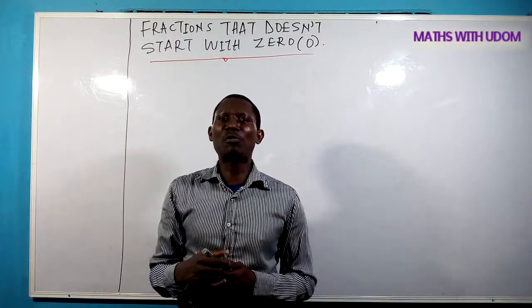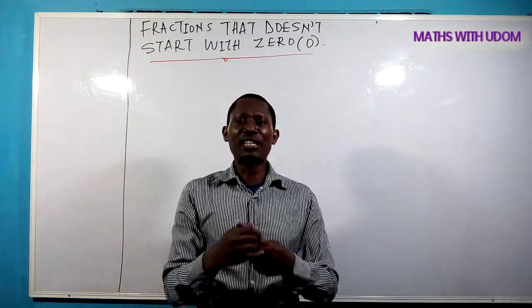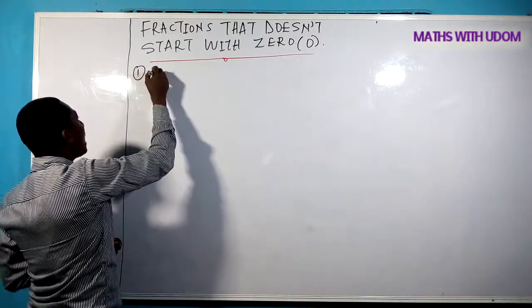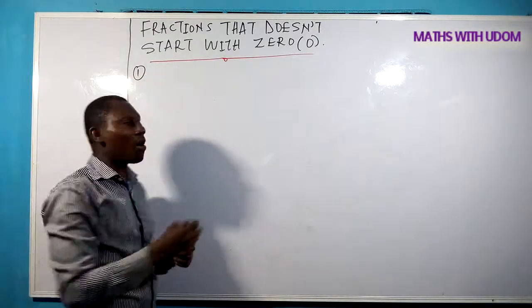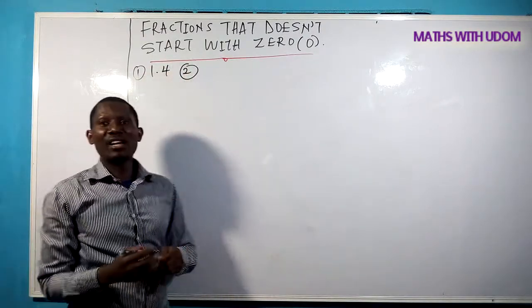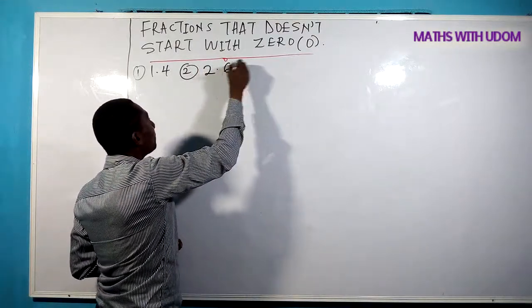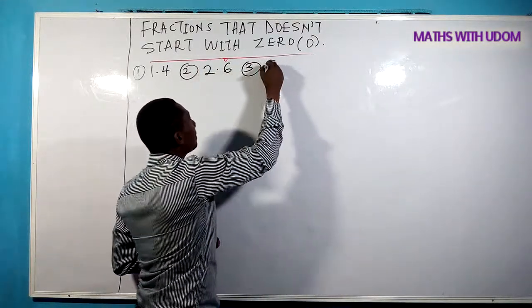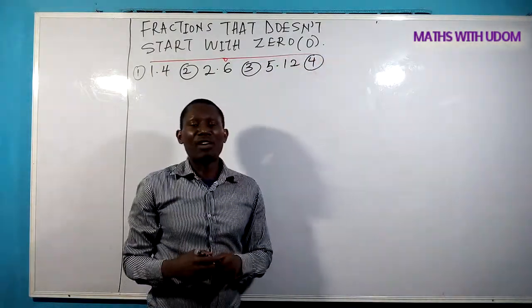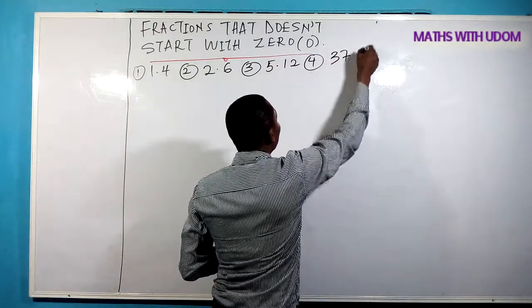Let's have some examples. Number 1, 1.4. Number 2, 2.6. Number 3, 5.12. Number 4, 37.8.